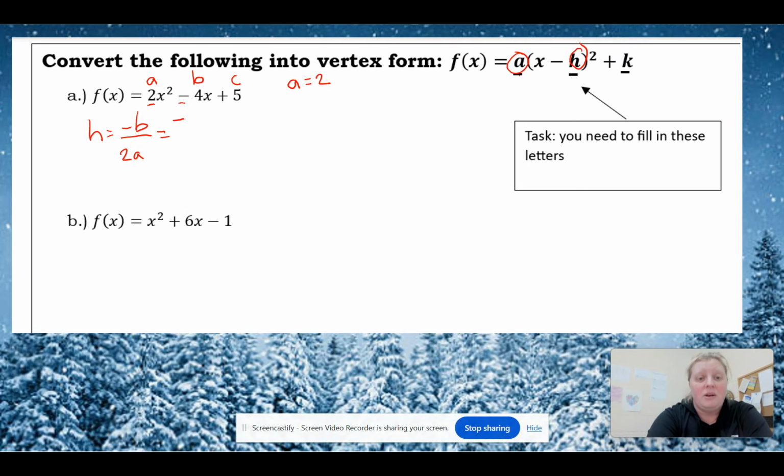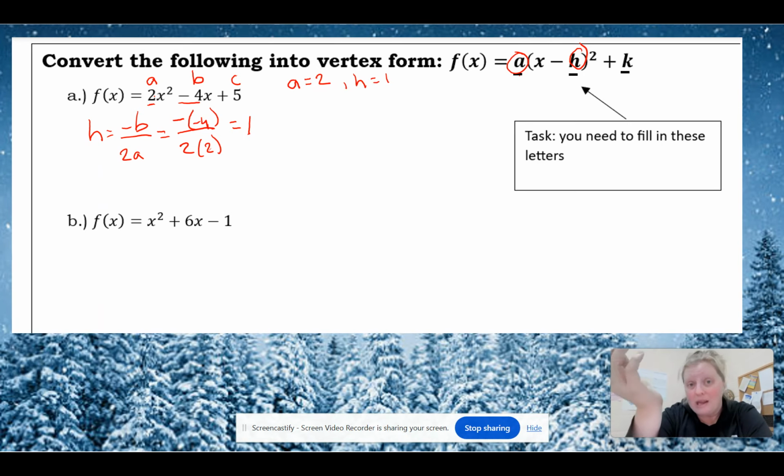So I'm going to put -4 in the b spot, and I'm going to substitute 2 in for a. Now when I do that math, I'm going to get 4 over 4, which is just 1. So now I know h is 1. So that's my second piece of data.